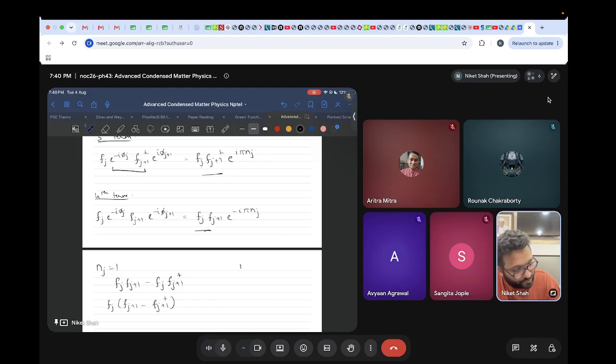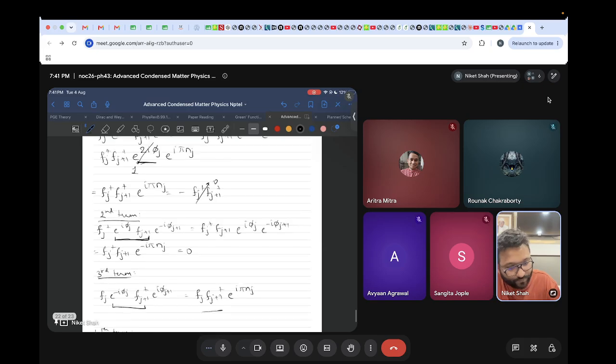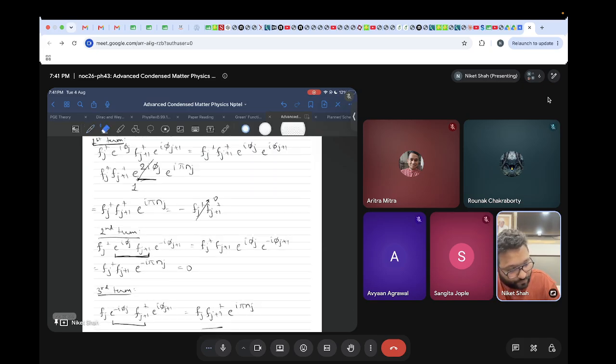If n j equals 0, then in that case this is f j dagger f j plus 1 dagger, and this is f j dagger f j plus 1.